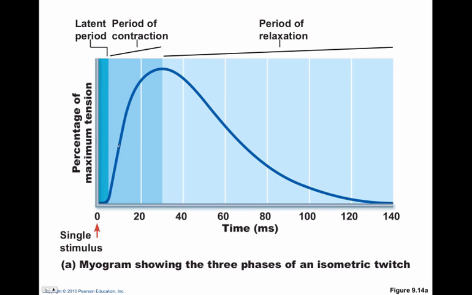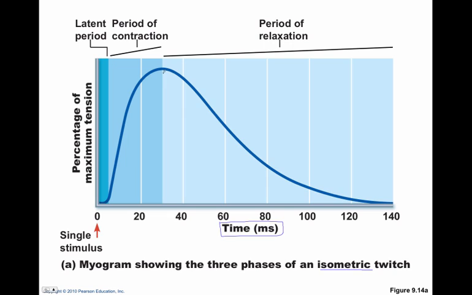Here's a chart where we would take a look at an isometric twitch. Remember, isometric, the muscle isn't actually going to shorten. It does have a contraction. Here we have a single stimulus that comes in, then this latent period as we're resetting our fibers. Then we have a period of contraction, where this is our tension over a variable of time.